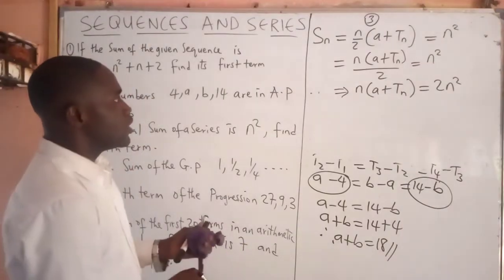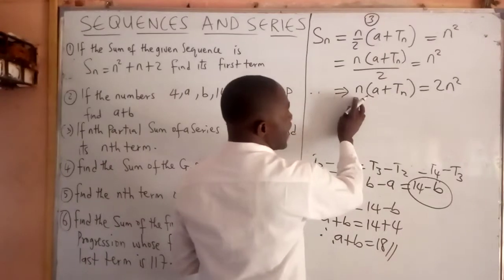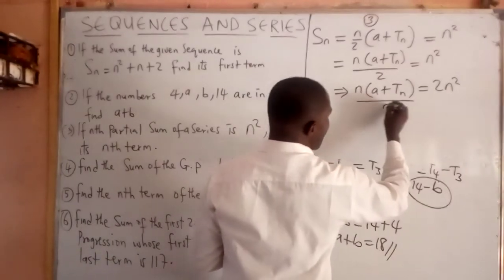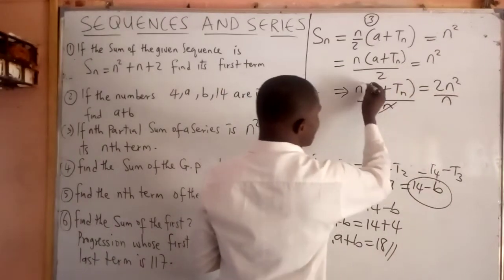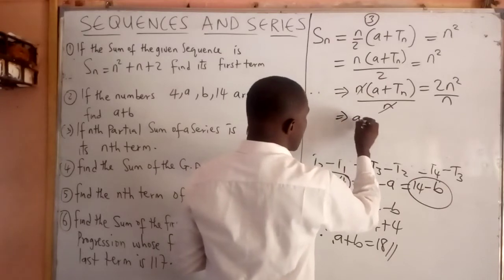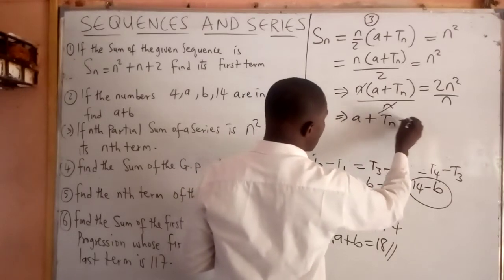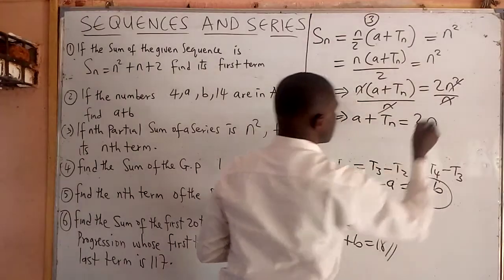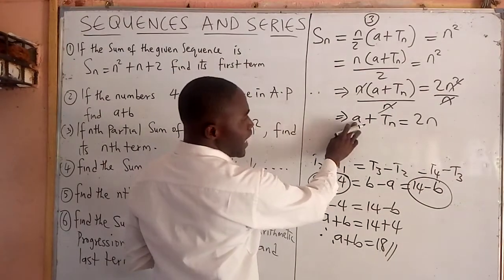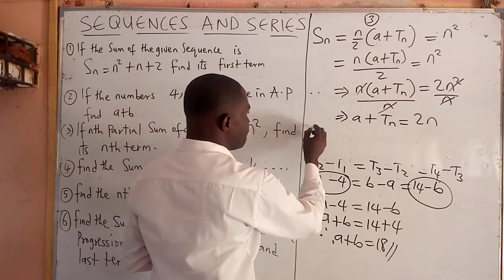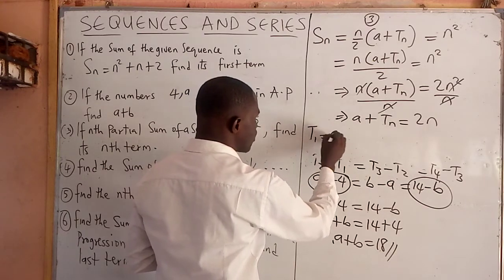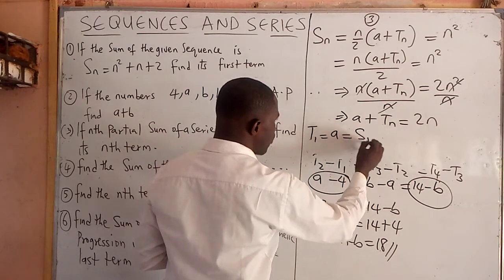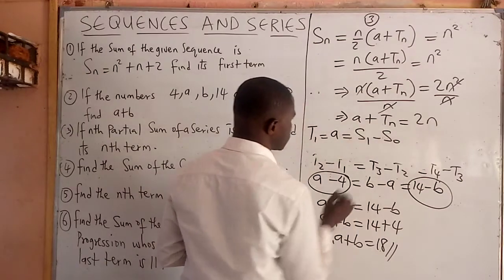Now, divide everything by n. If I divide everything by n, it will cancel this, giving me A plus Tn equals 2n. Now, this A is called the first term, which simply means S1 minus S0.